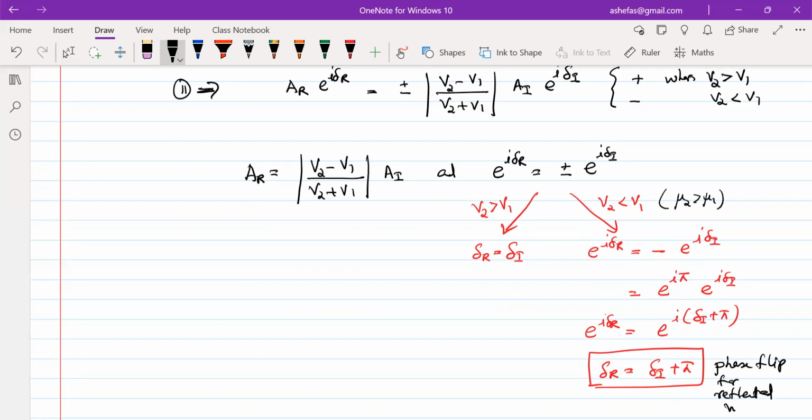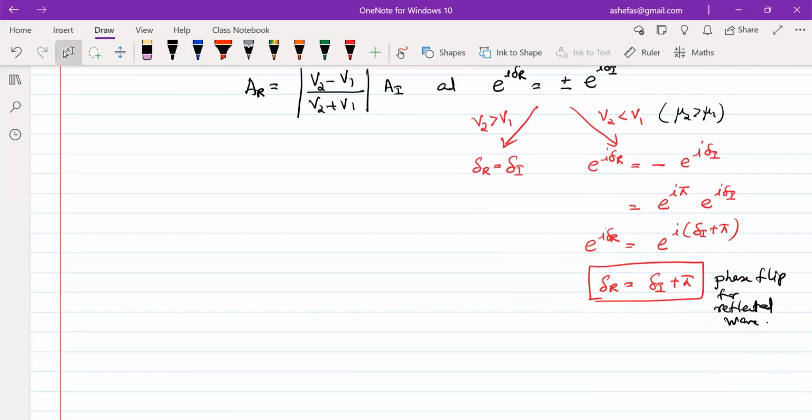And if the second string is lighter compared to the first string, then there is no phase flip. So there is this condition: if v2 is greater than v1, v2 greater than v1 means mu2 is less than mu1. So the linear mass density of the second string is less than the linear mass density of the first string, then delta r and delta i are the same.